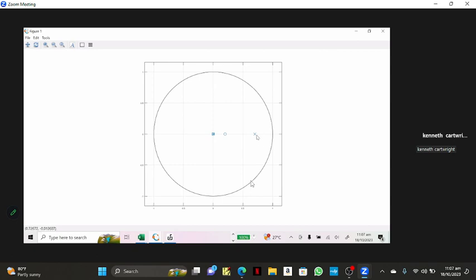So this pole right here is inside the unit circle. Therefore, this is a stable system. If it's on the unit circle, then we have marginal stability. If the pole is outside the unit circle, then we have an unstable system.